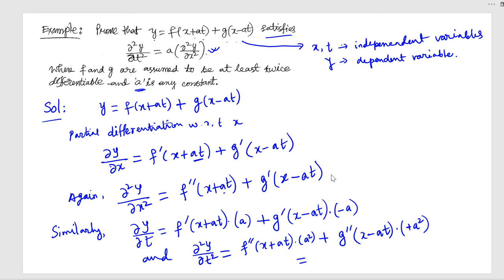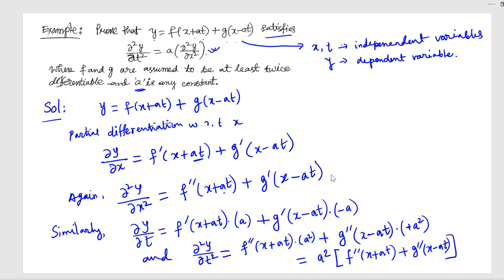Now we can take a square common. From there we have f double dash of x plus at plus g double dash x minus at.